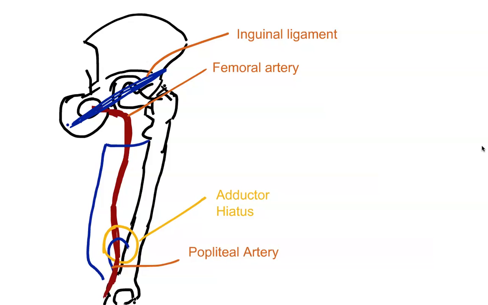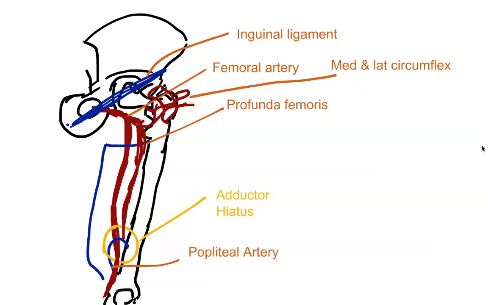popliteal artery. The femoral artery has a main branch called the profunda femoris, which runs down next to it, and the first branches of this are the lateral and medial circumflex arteries, which move to anastomose around the hip joint.